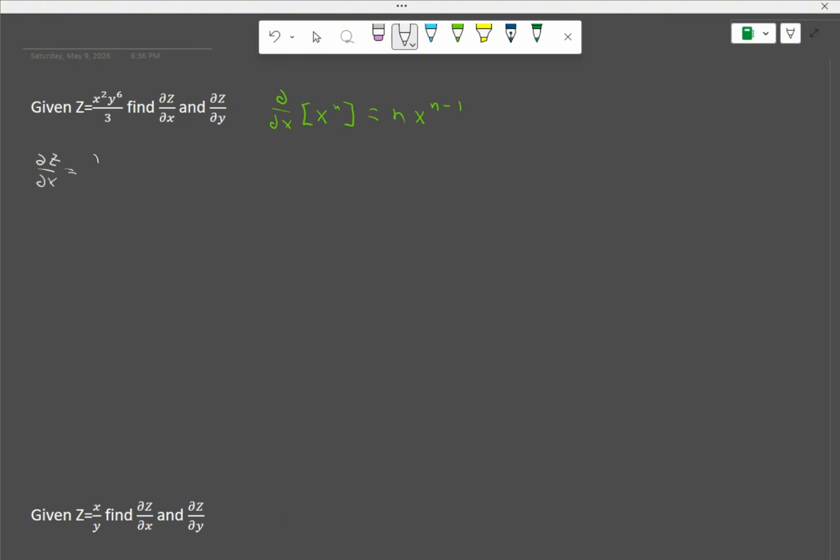is equal to the derivative with respect to x of the function z, so x squared y to the sixth over 3. And this looks complicated, but if we take out the y to the sixth over 3, we can just treat that as a constant and move it out here.